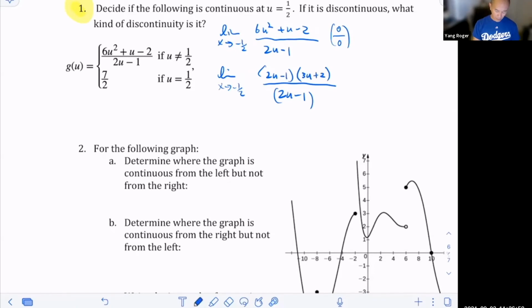And then you should always check by multiplying it out. So first is the 6u squared, the outside is going to be 4u, the inside is going to be -3u, 4u minus 3u is just u, and then the last is going to be -2. So I think we factored it correctly.